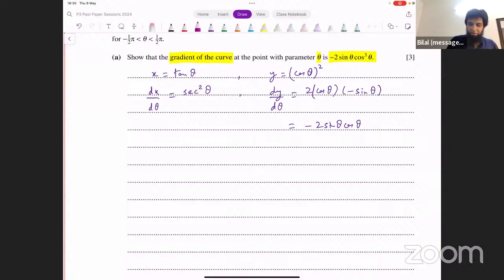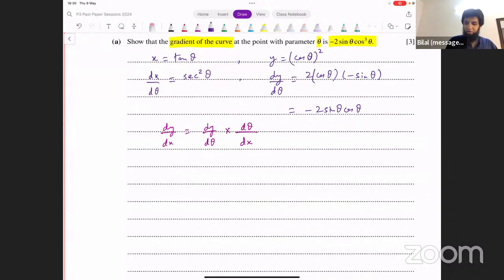How do you find dy over dx now? Dy over dx equals dy over d theta into d theta over dx. Now, what's dy over d theta? That is minus 2 sine theta into cos of theta into d theta over dx.